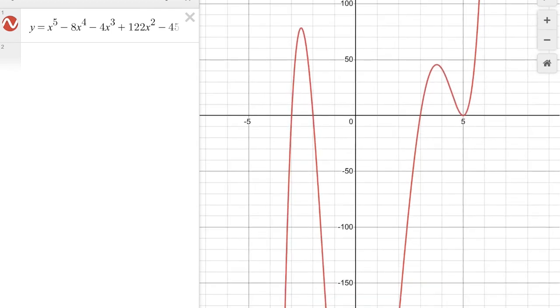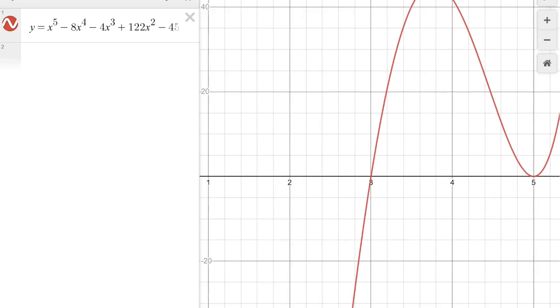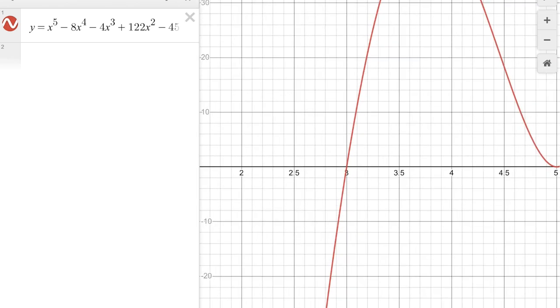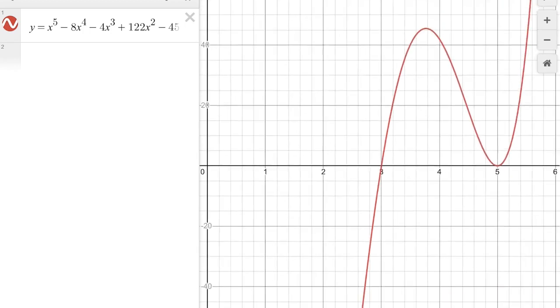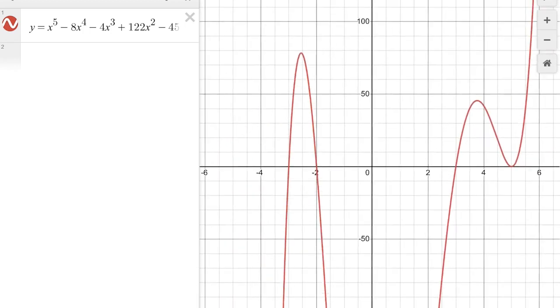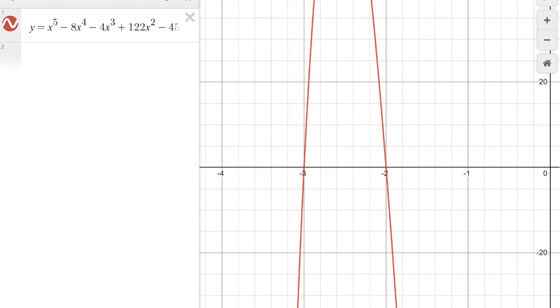Pretty cool looking graph, eh? Well, the truth is, the only thing that I really need from this graph would be some starting roots. Do you feel pretty good about the number 3? You should. It's on the graph. 3 is an x-intercept. How about over here?